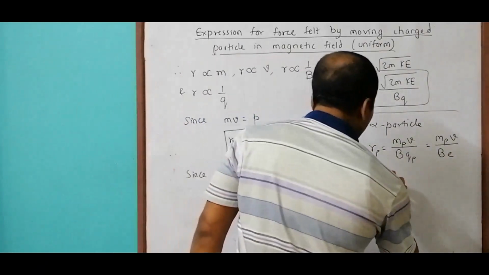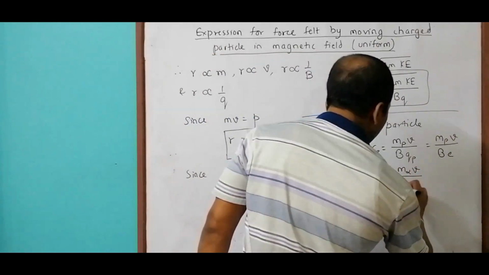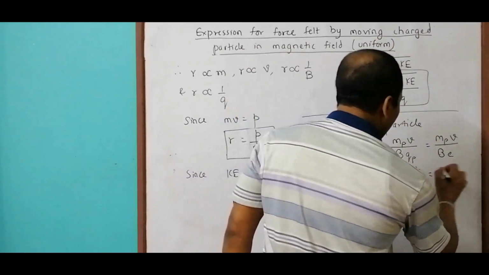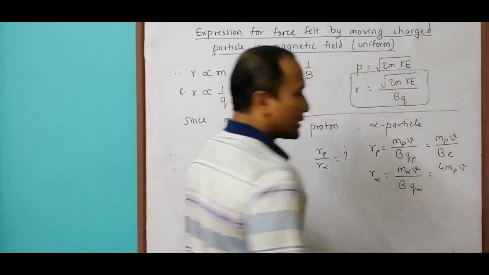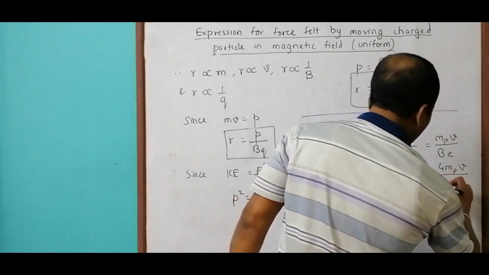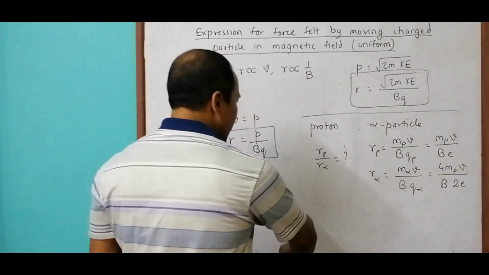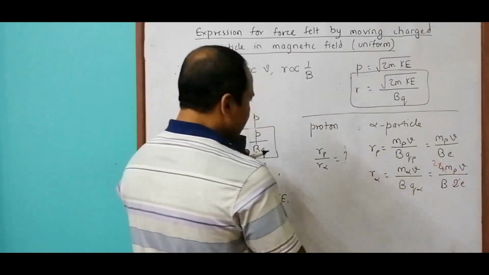Now the radius of alpha is equal to mass of alpha into v divided by B into q of alpha. That is equal to mass of alpha, which is 4 times mass of proton, then v, then we have B here, and then q alpha is 2e. So this 2 and 4 gives us 2.